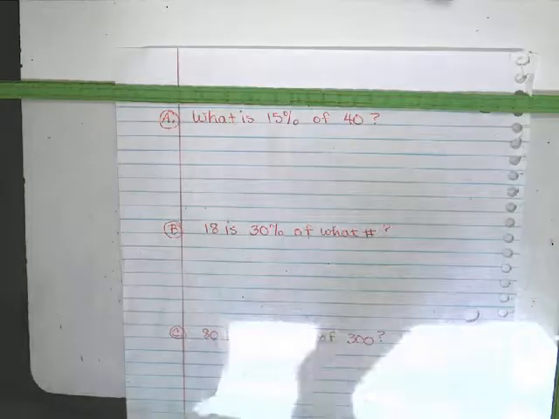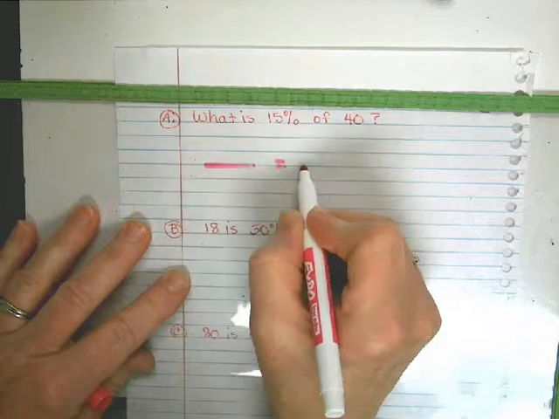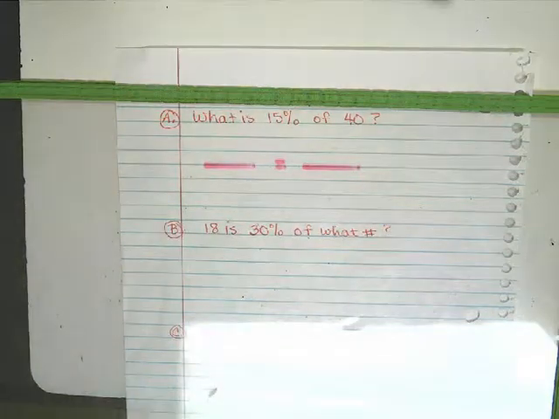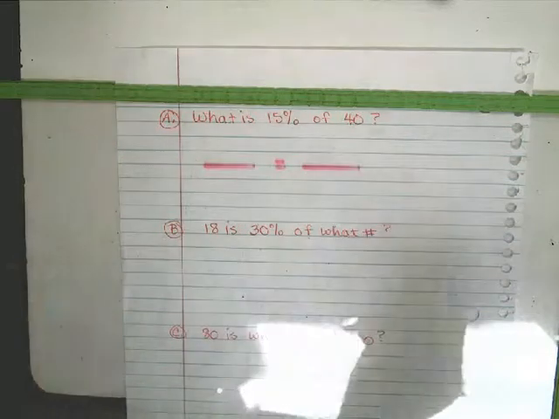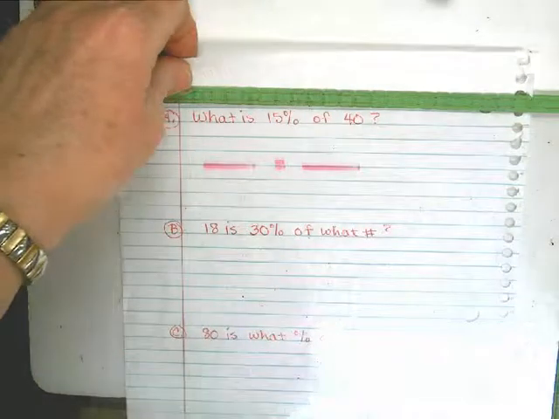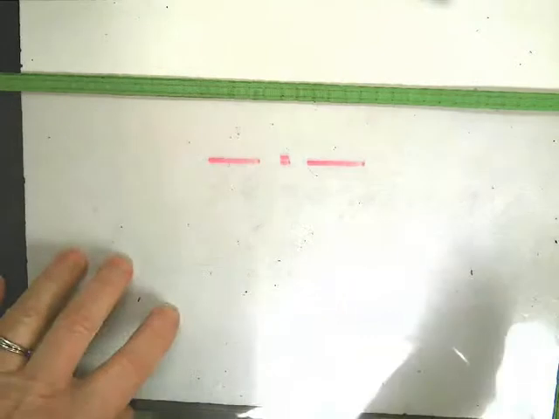We are going to start with 2 fraction bars and an equal sign. You should be used to that by now, aren't you? Okay. In your notes, on your fraction bar, you're going to put the following.